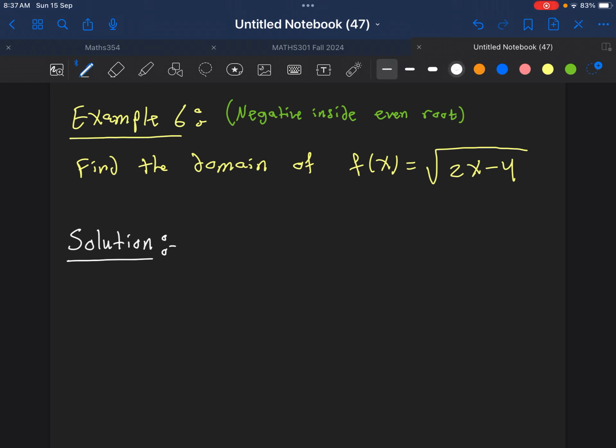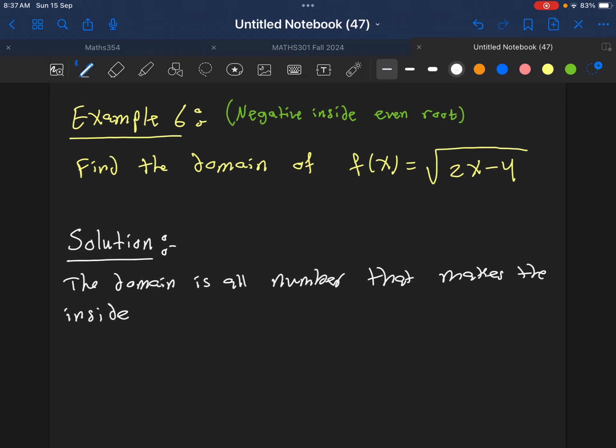This is straightforward. The domain is all numbers that make the inside of the root non-negative, so either positive or 0.